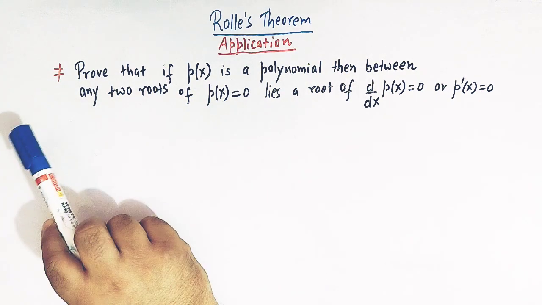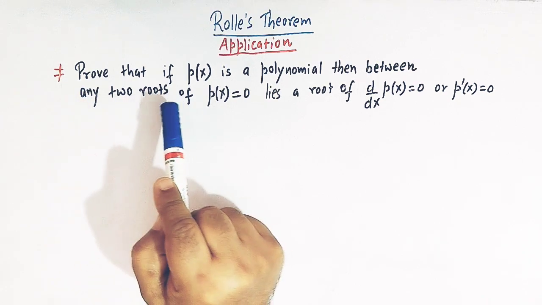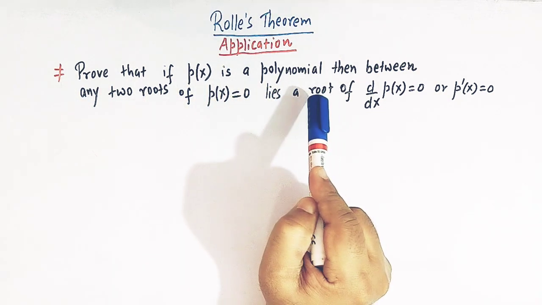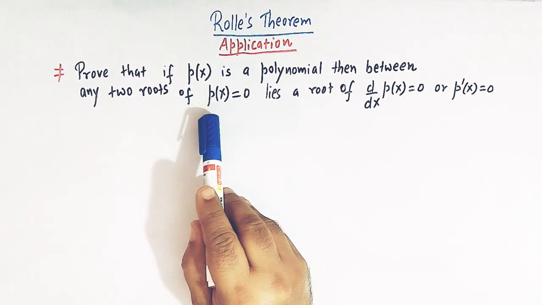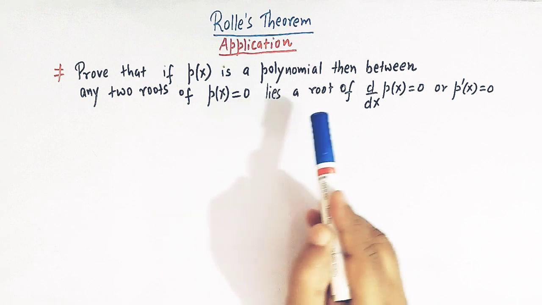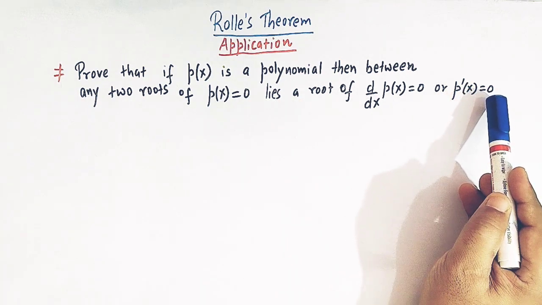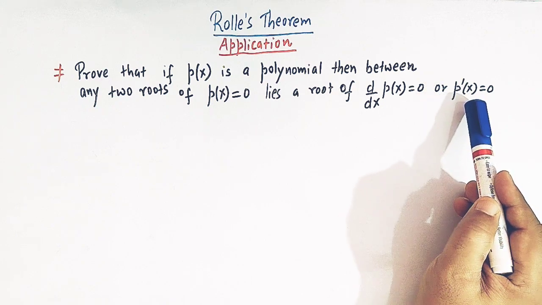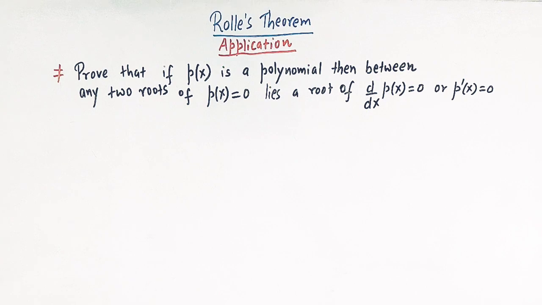We have to prove that if p of x is a polynomial, then between any two roots of p of x equal to 0 lies a root of p prime of x equal to 0, right? So we'll see this problem with the help of Rolle's theorem.